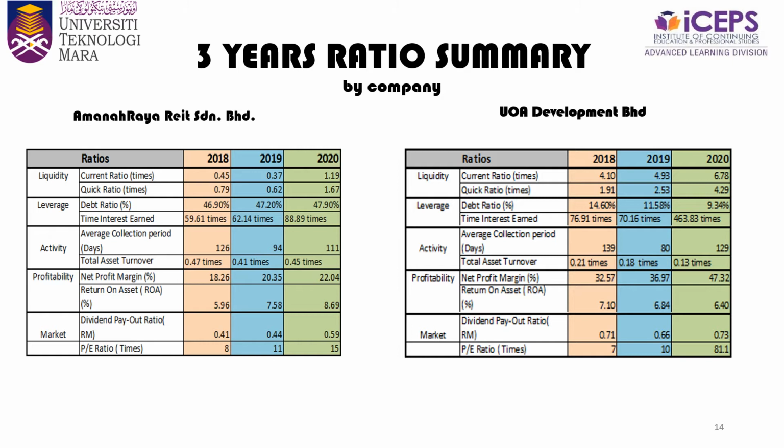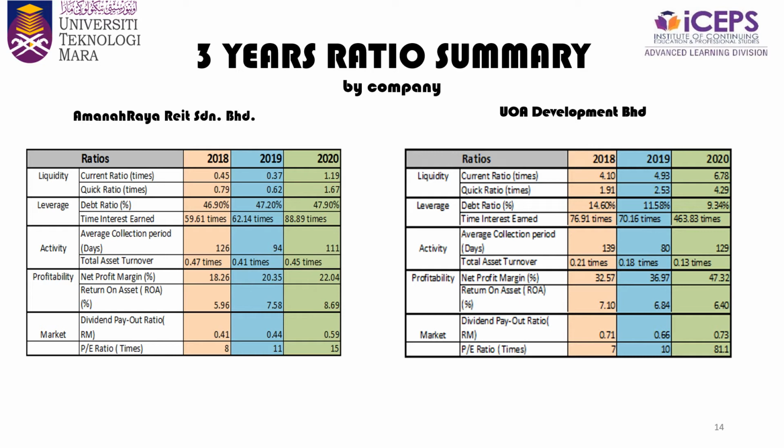As you can see in the table, we put together 2018 to 2020 for Amanah REIT Sdn Berhad, which has liquidity: the current ratio and quick ratio; leverage: debt ratio and times interest earned; activity: average collection period and total asset turnover; profitability: net profit margin and return on asset, ROA; and market: dividend payout ratio and price earning ratio.